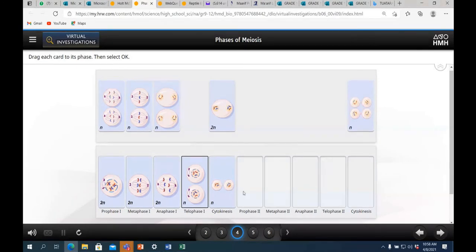Now, which picture matches for prophase 2? Prophase 2. Second one? This one? No, this is metaphase 2, isn't it? Because the sister chromatids are aligned in the center here. Yes, it's metaphase 2, the one beside it.